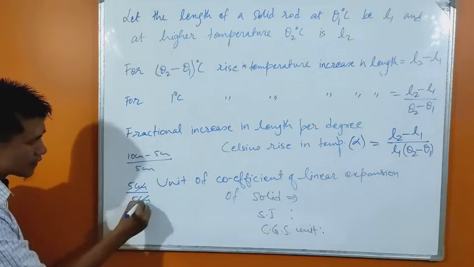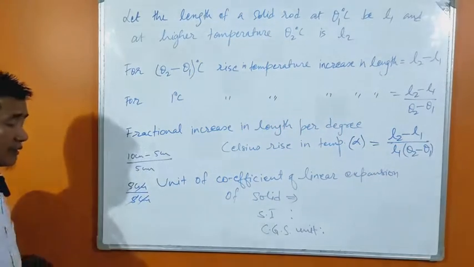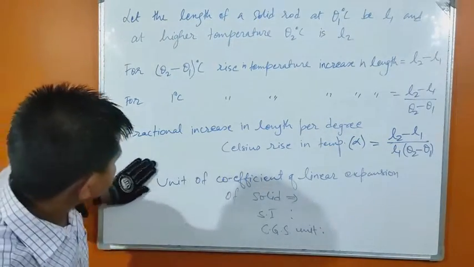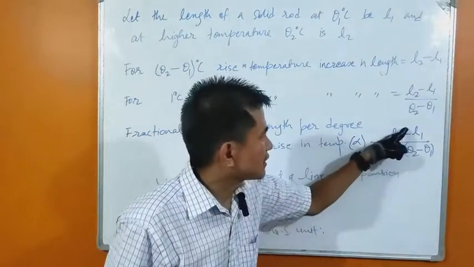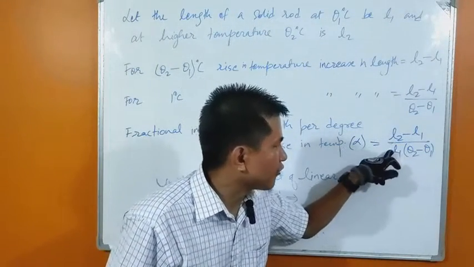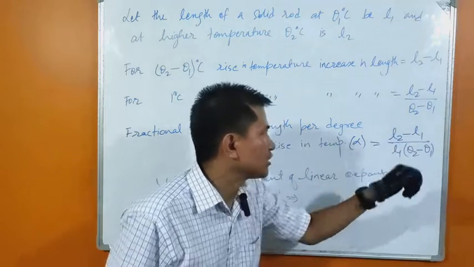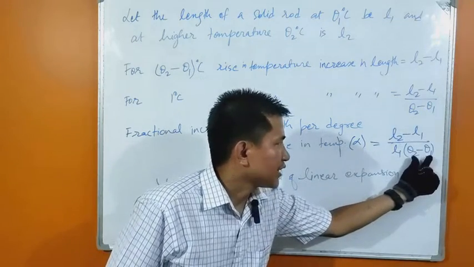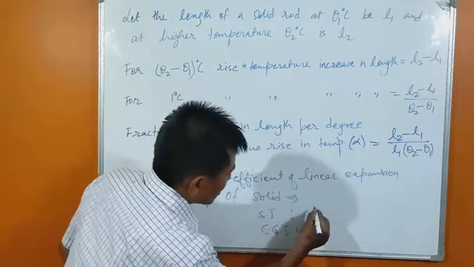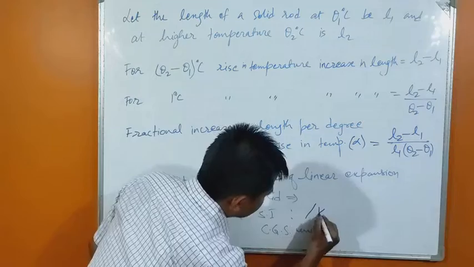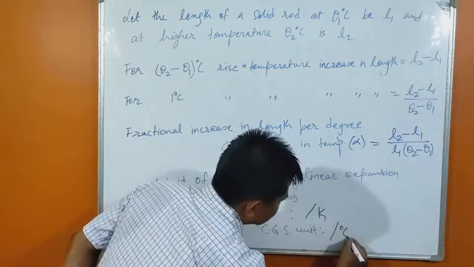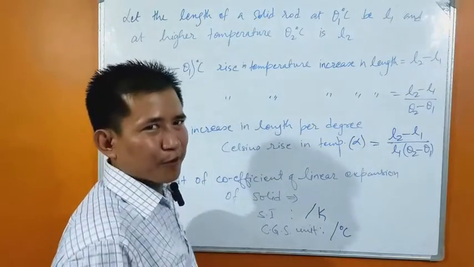So centimeter and centimeter get cancelled, 5 gets cancelled. So the unit of length in the numerator and the unit of length in the denominator get cancelled. So only the unit of temperature remains, isn't it? So the SI unit is per degree Kelvin or per Kelvin, and CGS unit is per degree Celsius. Okay, I hope you got this.